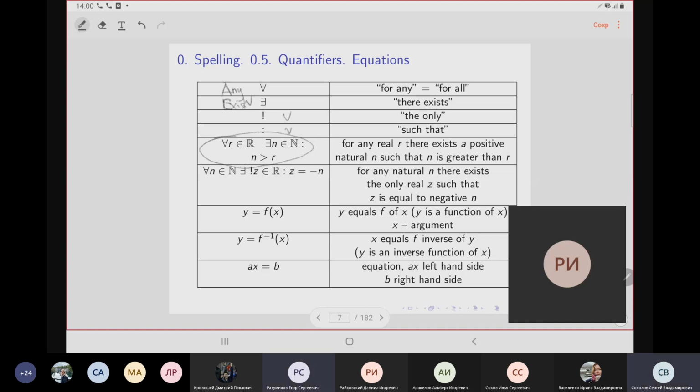Oh, Archimedes, thank you. Maybe Archimedes. It was too many years ago. Next one. For any natural n, there exists the only real z such that z is equal to negative n. It's another axiom. Axiom of existence of negative numbers.